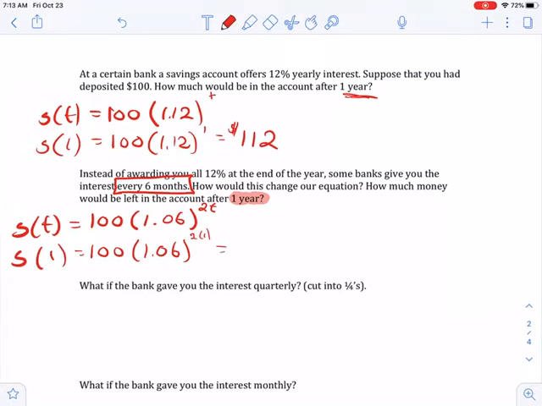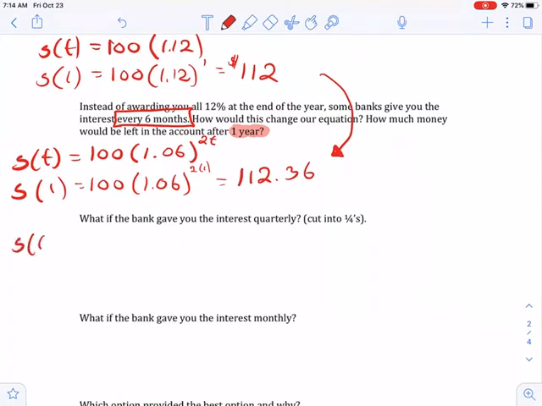I can make a guess as to what's going to happen to this total amount of money, but after I plug it into the calculator, I end up getting $112.36. So we end up making more money than we had if this was only compounded once. It's not much of a difference, but between $112 and $112.36, we obviously have more money if we're compounding every 6 months.